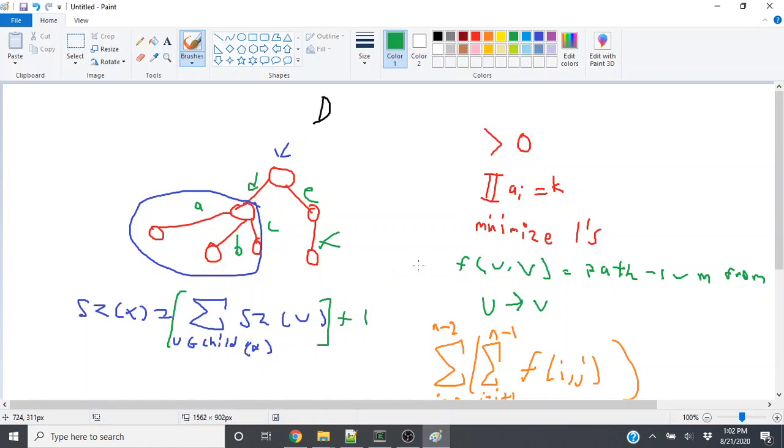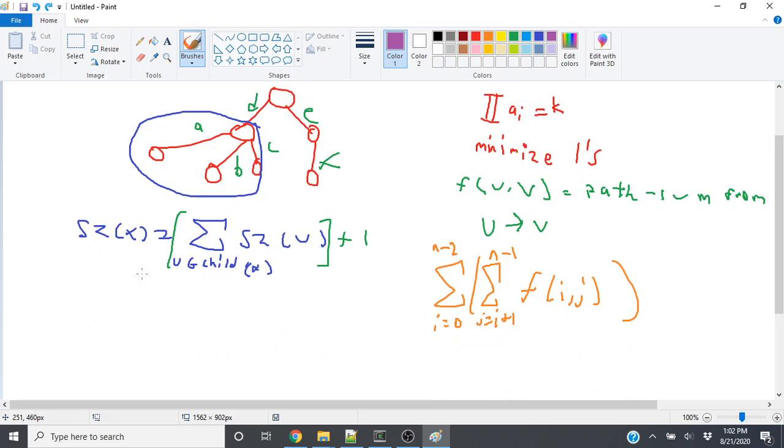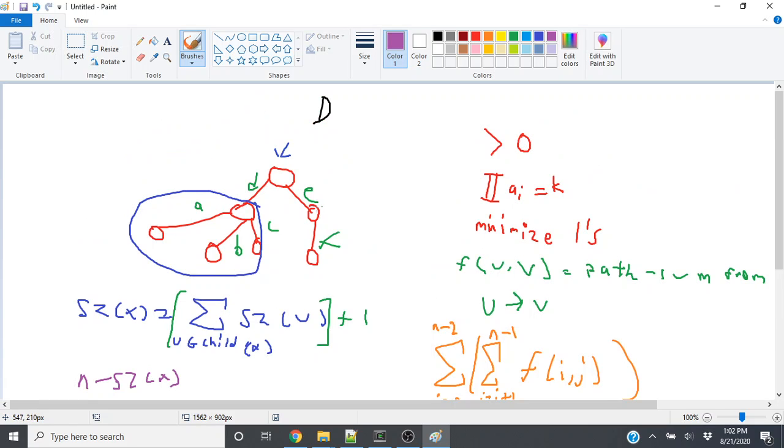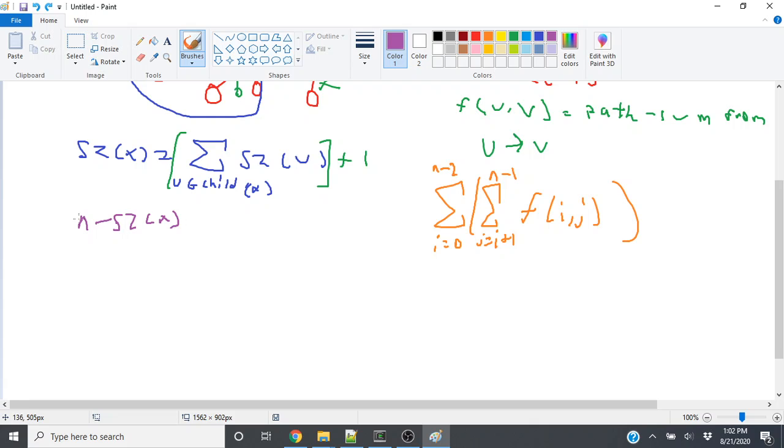Okay, that's how we do that. That's the size of the subtree below it, and everything else in the tree is going to be on the other side, so that's just n minus size of x. So to count an edge, we take the subtree size of the vertex below it, and then it's n minus whatever that is. So the explicit formula is (n minus size x) times size x, and that's it.